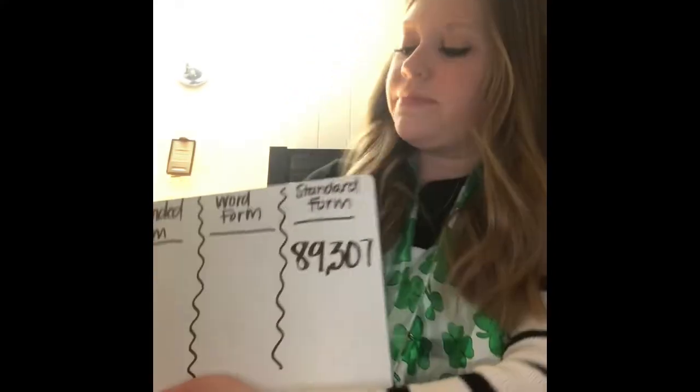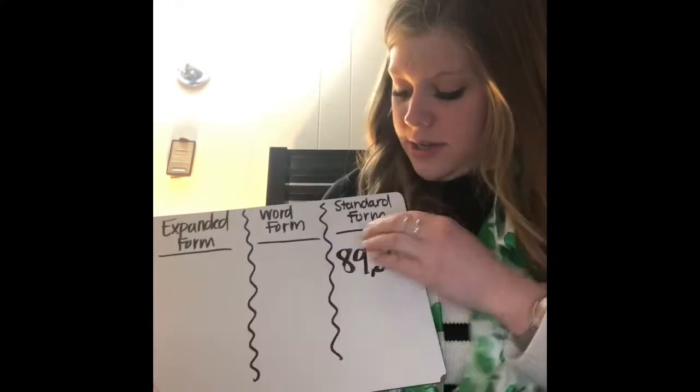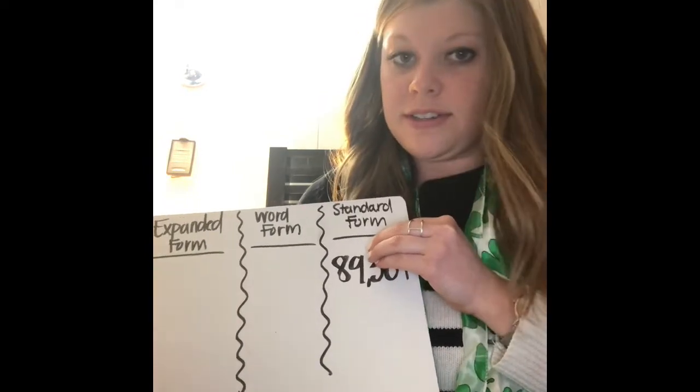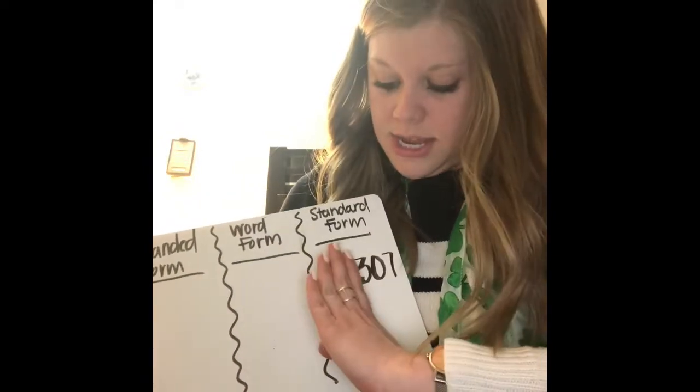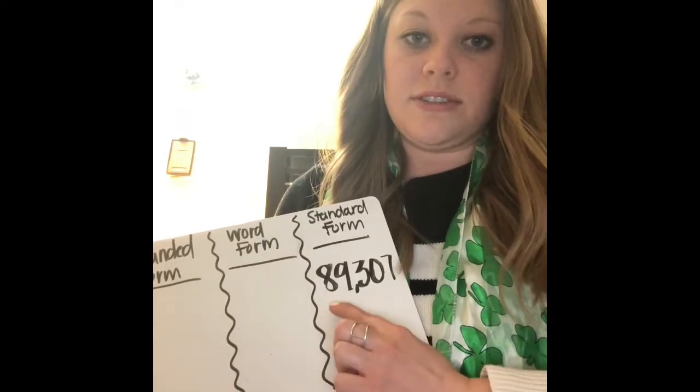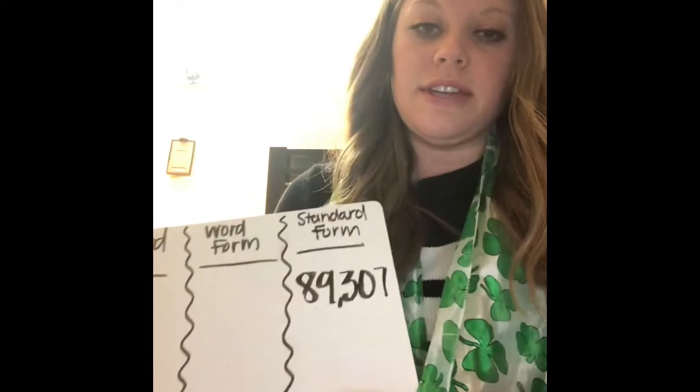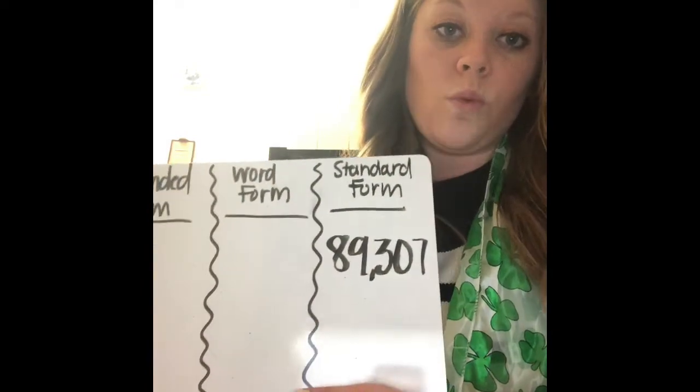So for word form, if we look at this number, remember to cover this part, 89, our comma says 1,000, and that number is 307. So 89,307. So we would write that in word form.